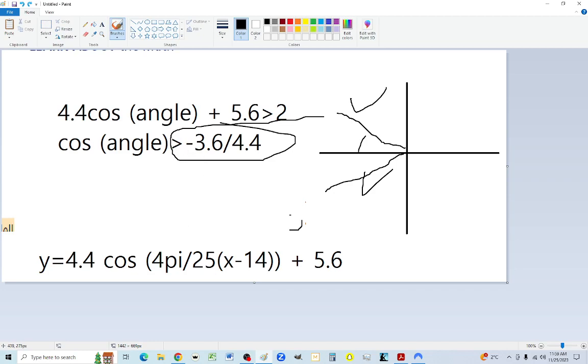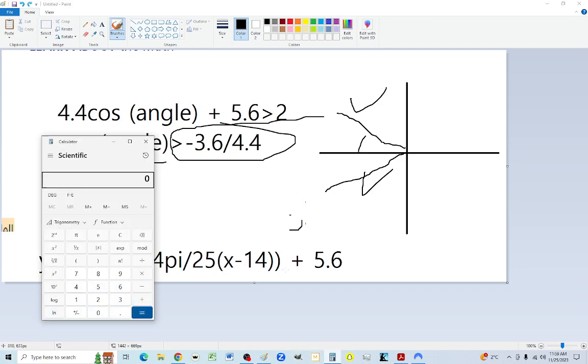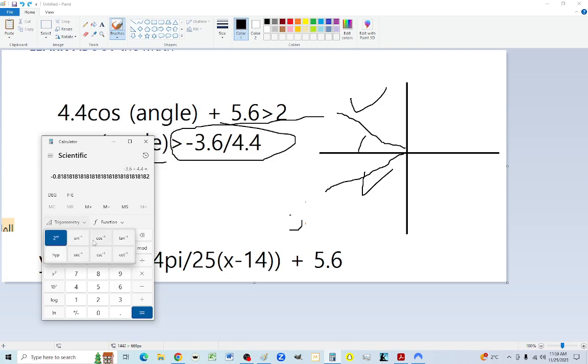So now I need to figure out, well, when is cos angle equal to, let's just call it equal to this. So we're going to take 3.6 and we're going to make it negative, and we're going to divide it by 4.4. And of course, we get a negative number that's less than 1. And we're going to go to trig, arc cosine, to find the angle.